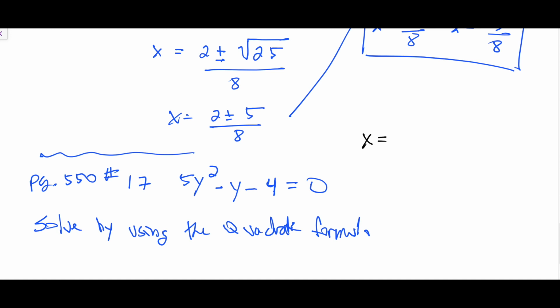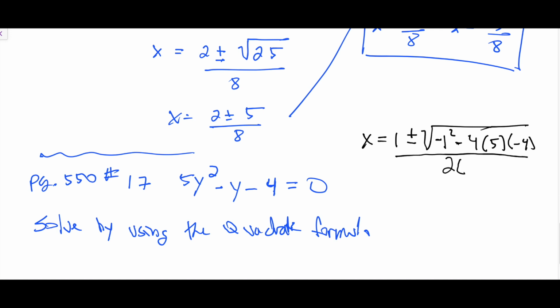Plus or minus the square root of (-1) squared minus 4 times 5 times -4, and that's all over 2 times 5.